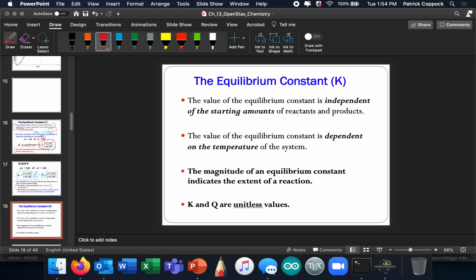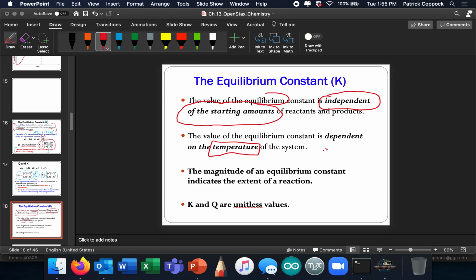The value of the equilibrium constant is independent of the starting amounts. The ratio that you have of the reactants and products is constant at equilibrium, and it doesn't matter what you started out with. However, the value does depend on the temperature of the system.